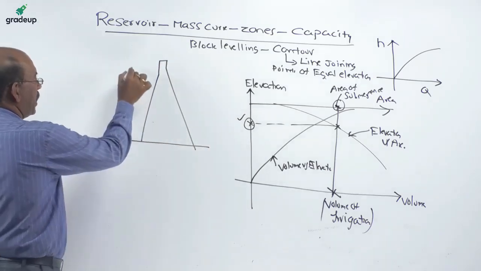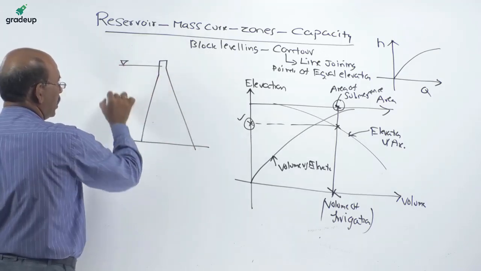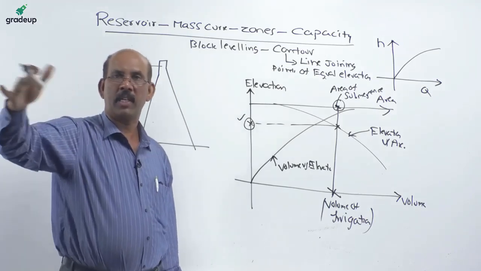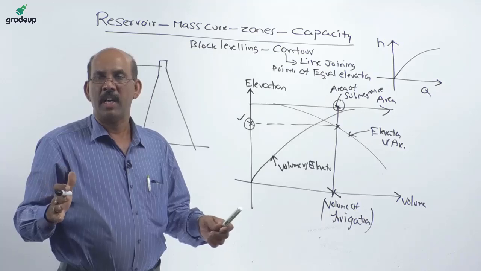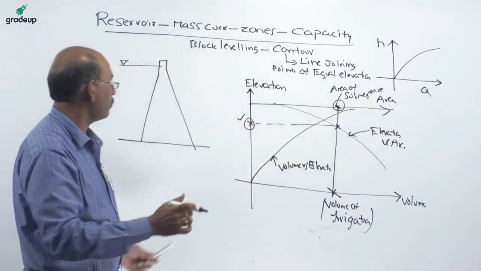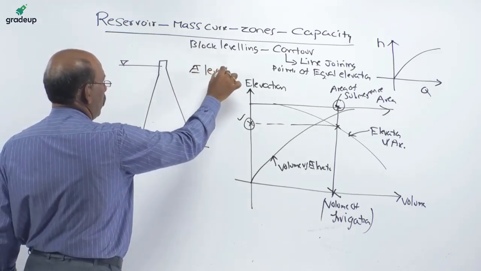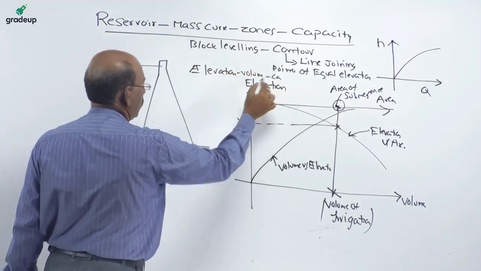So up to what height you have to store, or based on this elevation and volume, how much height the dam is to be constructed, is based on the area of the submergence. So this is a very important one. It is the area elevation capacity curve: elevation, area, volume, capacity.